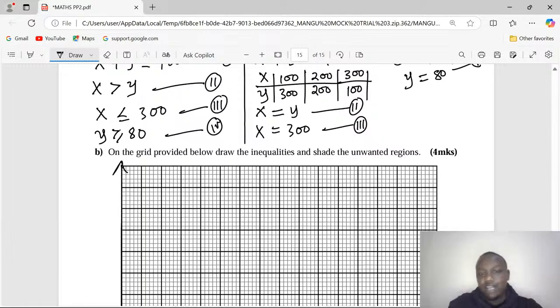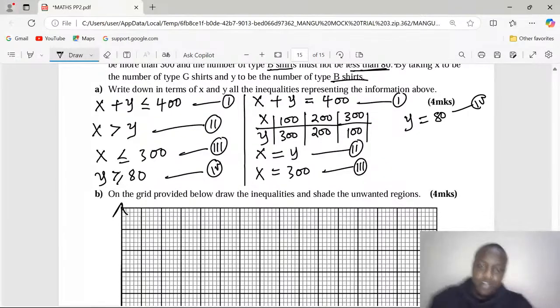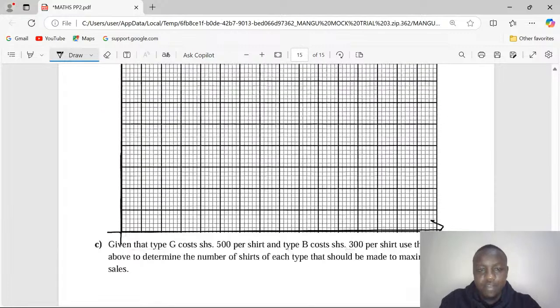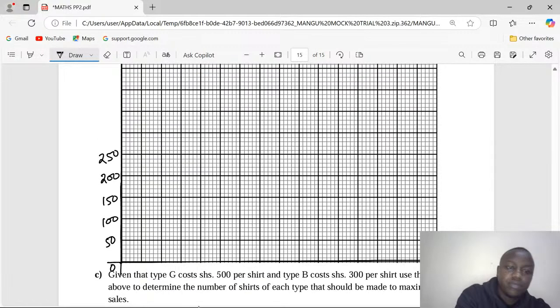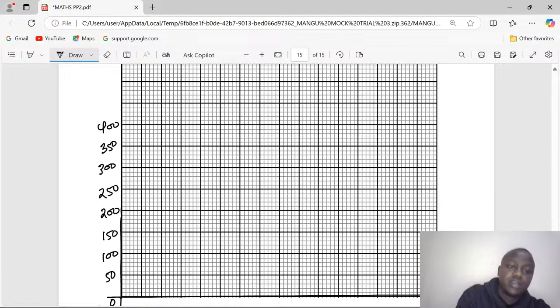Because we can see values which are even equal to 300, 400, we can use intervals of 50: 0, 50, 100, 150, 200, 250, 300, 350, 400, 450.